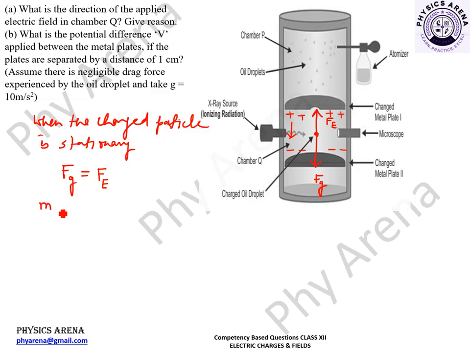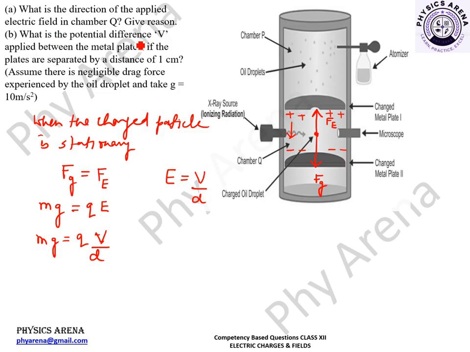So I can write mg equal to the charge Q on the charged particle multiplied by E, the magnitude of electric field. And we know that the magnitude of electric field can be obtained as V by d, where V is the potential difference and d is the distance between the plates. So I can replace E with V by d. mg is equal to QV divided by d.